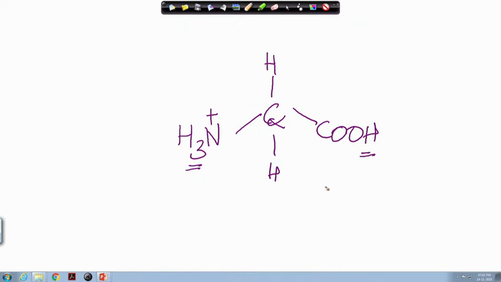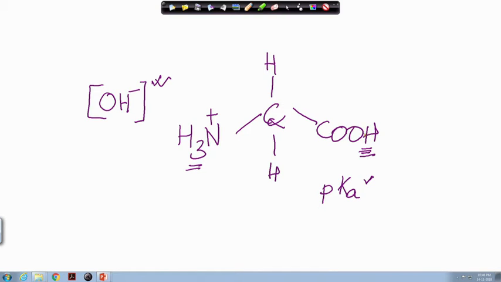Depending upon the pKa values, the protons are going to be lost. What do we mean by that? If an acid-base titration is being done, which means that a certain amount of OH minus is being added to the solution of glycine, then this proton is going to be lost first because the pKa is less.